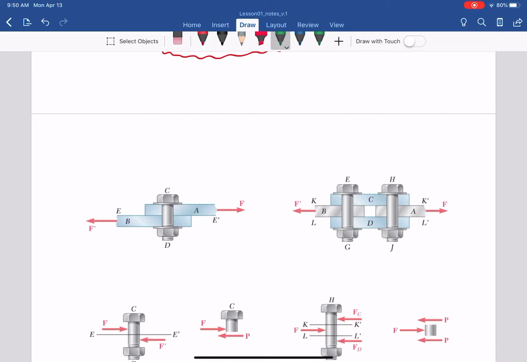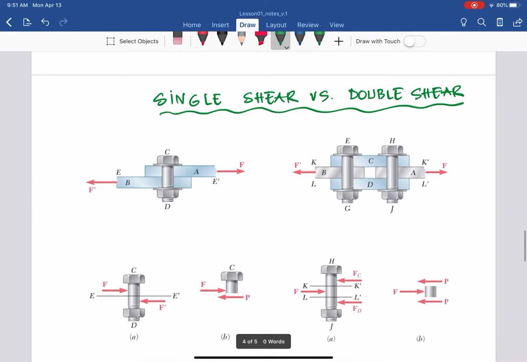So let's see single shear versus double shear. What is the difference here? This figure I copied from our textbook, chapter 1.